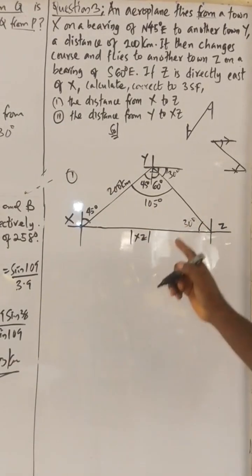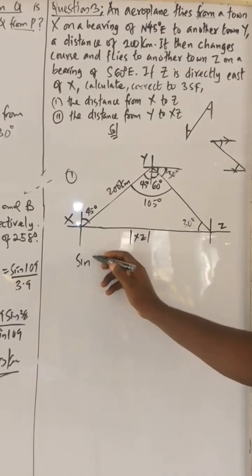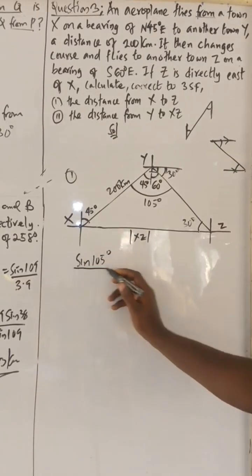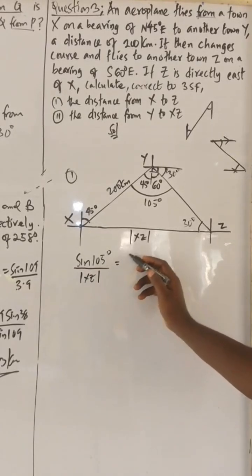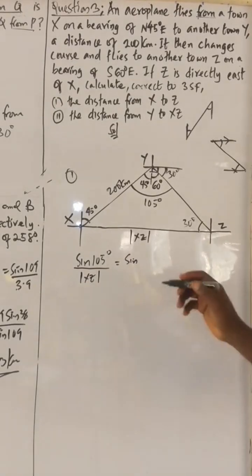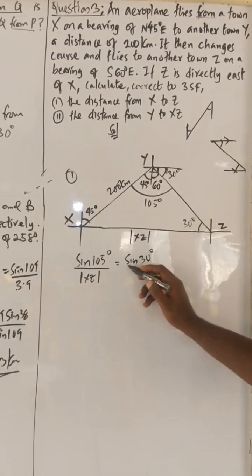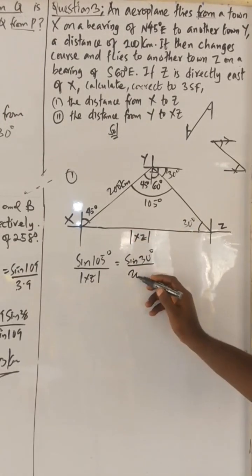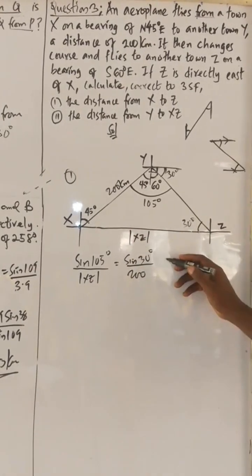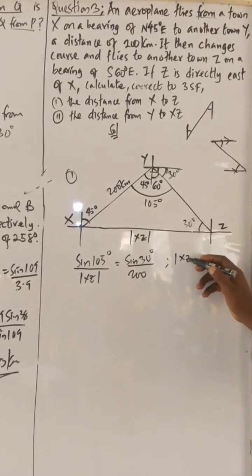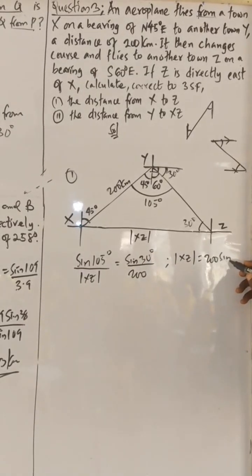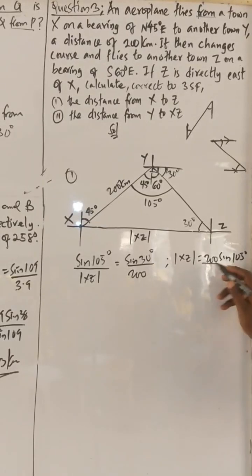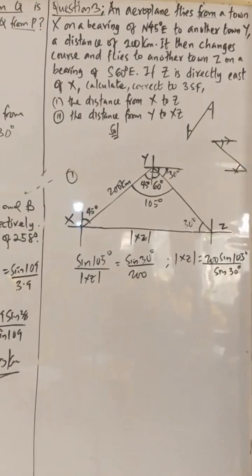We can say sine 105 over XZ equals sine 30 over 200. So from here directly we can get our XZ to be 200 sine 105 divided by sine 30, that's 400 times sine 105.